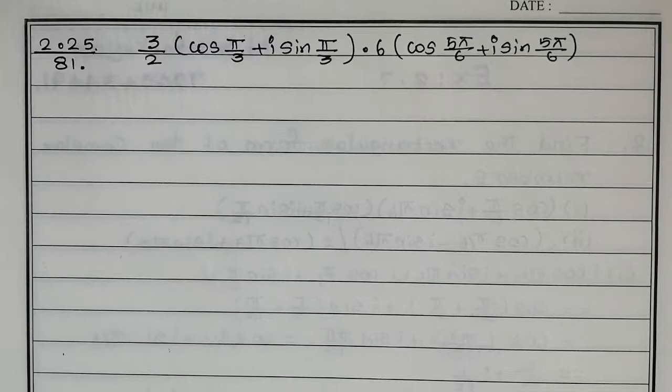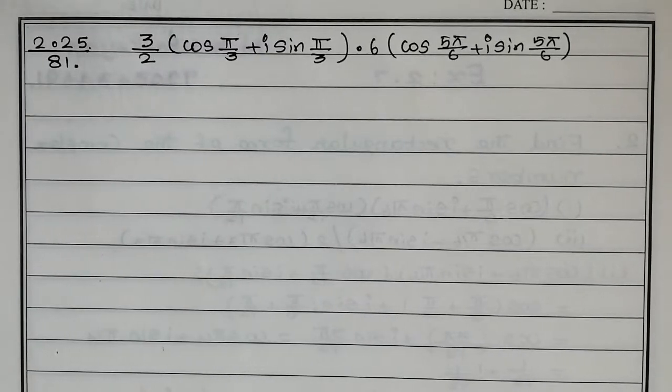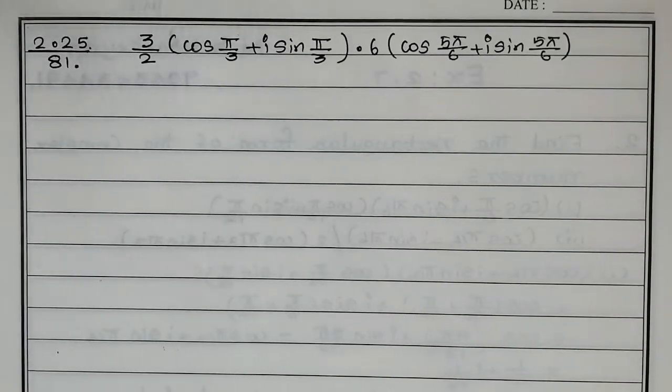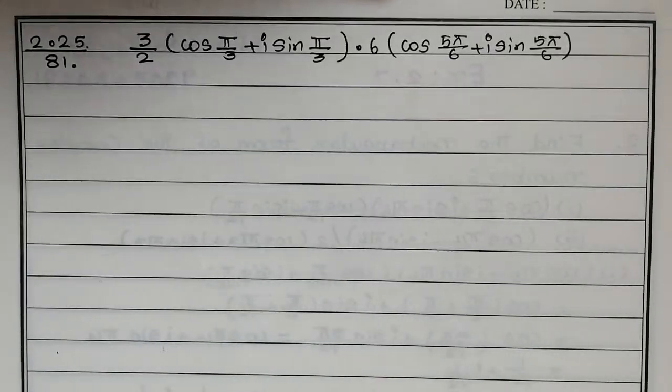Okay, the next one: 3 by 2 into cos pi by 3 plus I sin pi by 3, into 6 into cos 5 pi by 6 plus I sin 5 pi by 6.